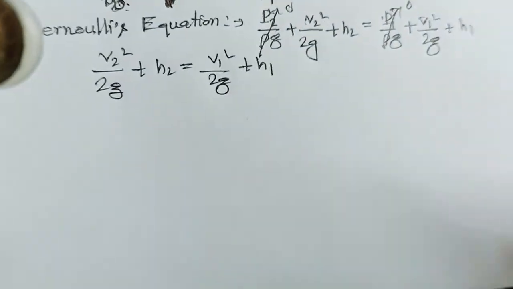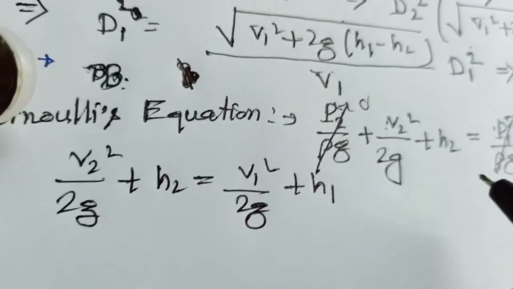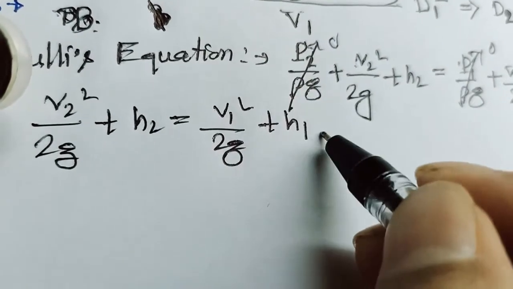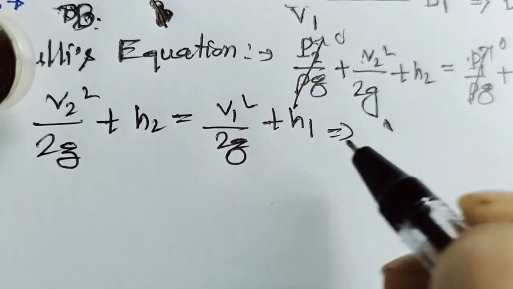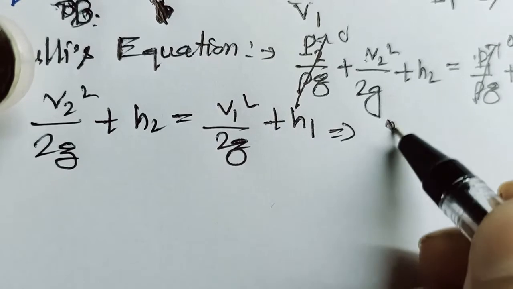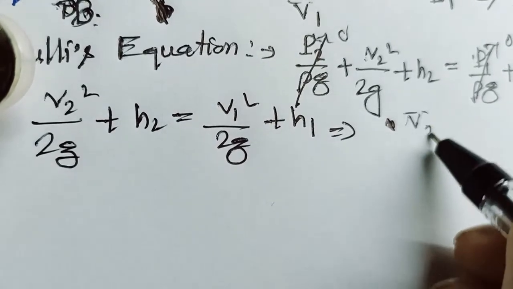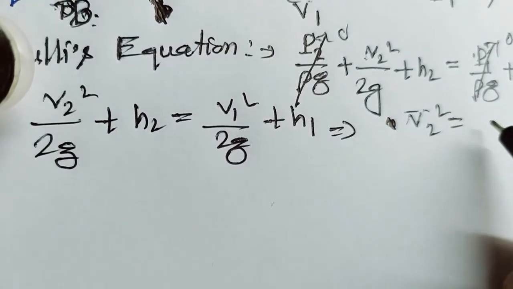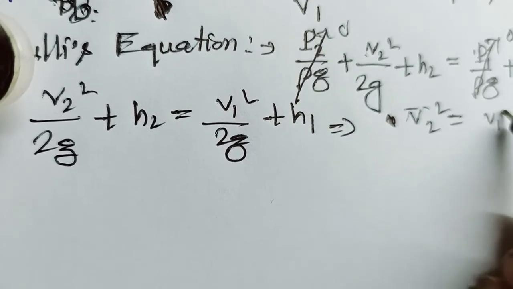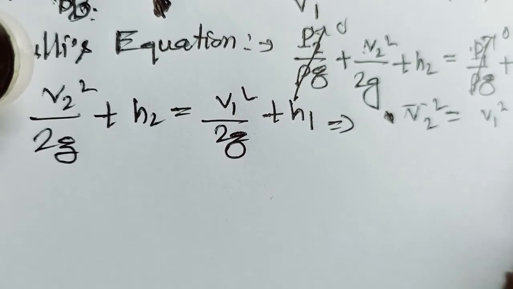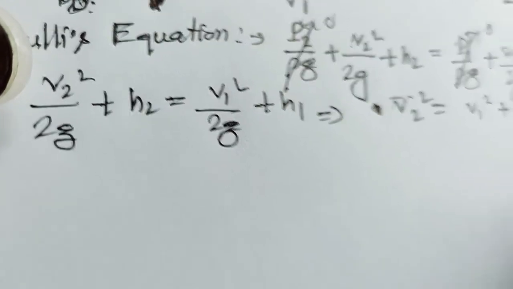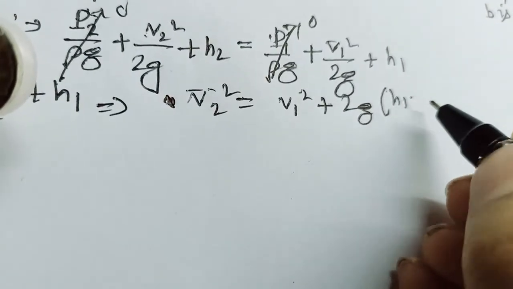So from this equation we can write, if we multiply both sides by 2g, then V2 square will be equal to V1 square plus 2g into (H1 minus H2).